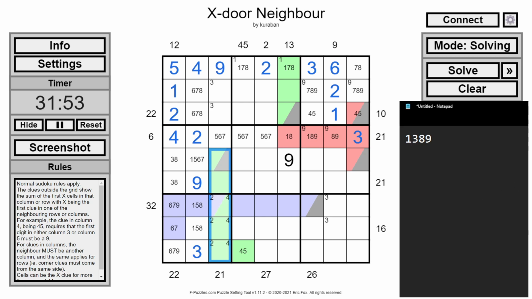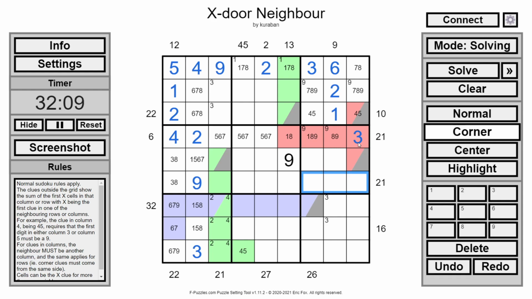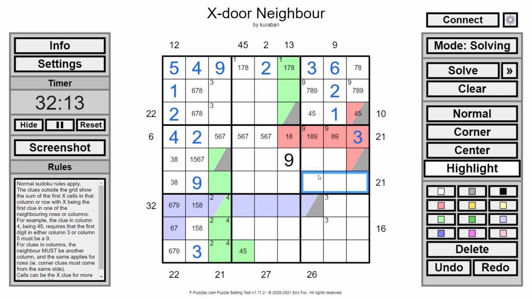Okay, so if this was 21 and 5, let's hide this once again. Yeah, well, what about this one? It can't be length 3 because we've already used a 3 in this column.